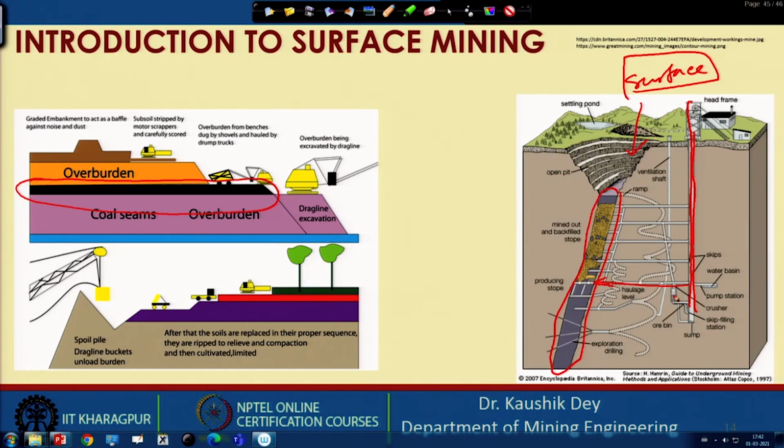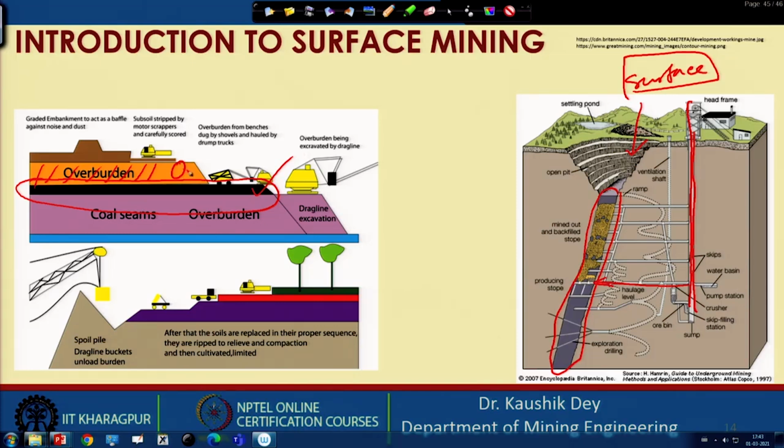In surface mining, as you have to work below the sky, all the waste rocks lying above the main desired ore or mineral that we are going for have to be removed first.